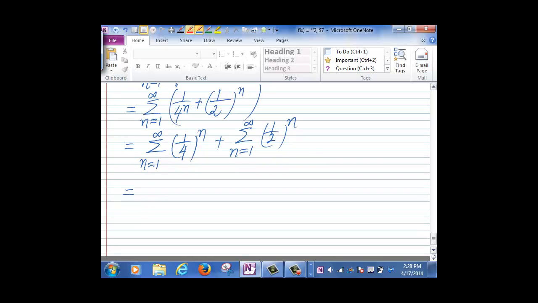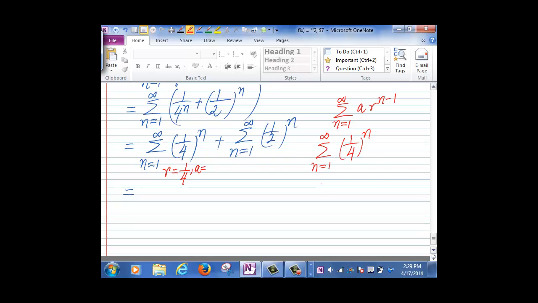What's the r value in the first one? It is 1/4. And what is the a value? 1/4, right? Remember the geometric series, the form that we are using, n going from 1 to infinity, a times r to the n minus 1. So the exponent on r starts at 0, right? So notice that I have the sum n going from 1 to infinity of 1/4 to the n.